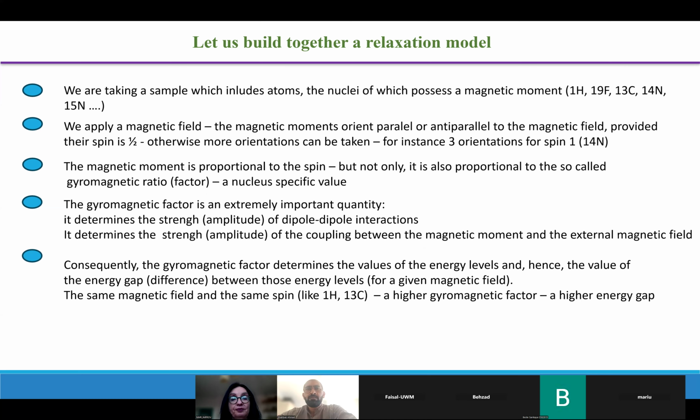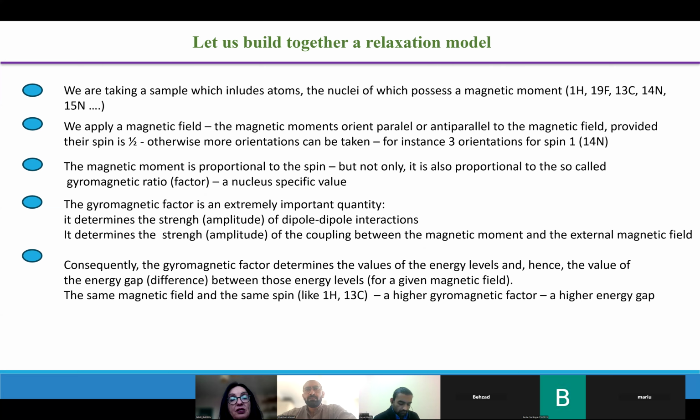Why is it so? You attach a spin quantum number, for instance, 1/2, to an object. All the protons have spin 1/2. This is like a fundamental rule of nature, and actually hydrogen nuclei are just protons. And what is happening? Alongside the so-called spin quantum number, there is something, we do not need to know it, but it's useful so that you are able to read something about NMR.